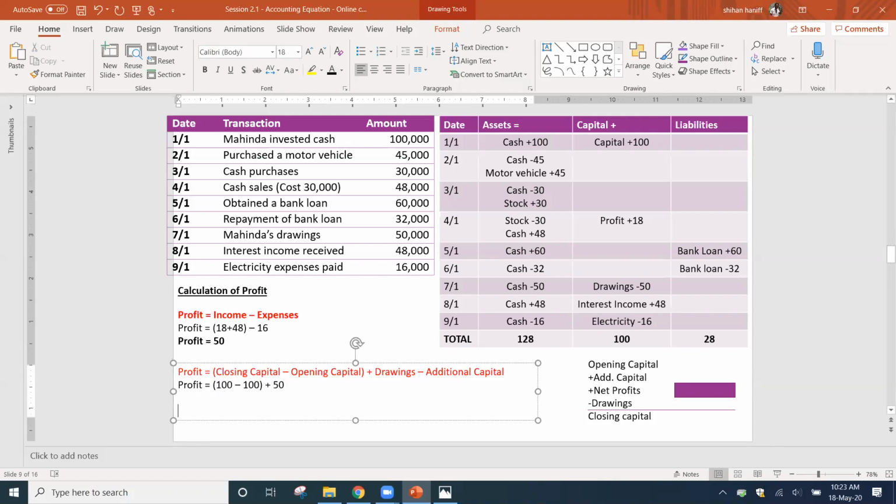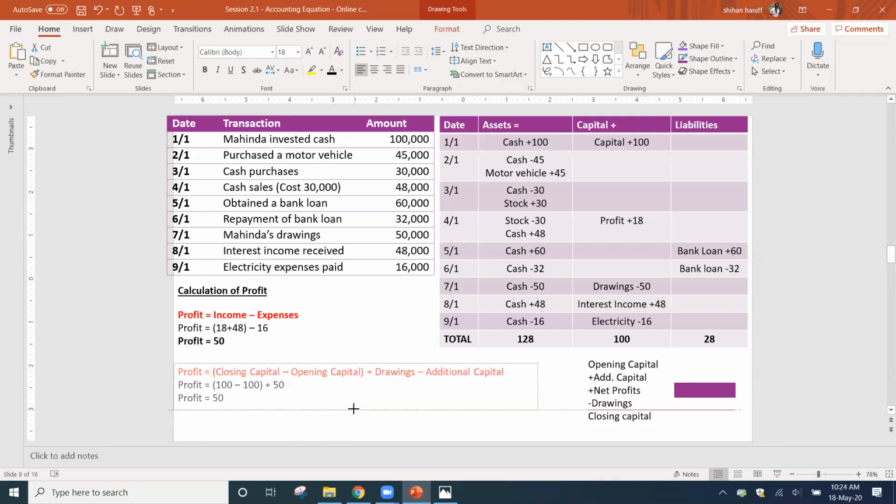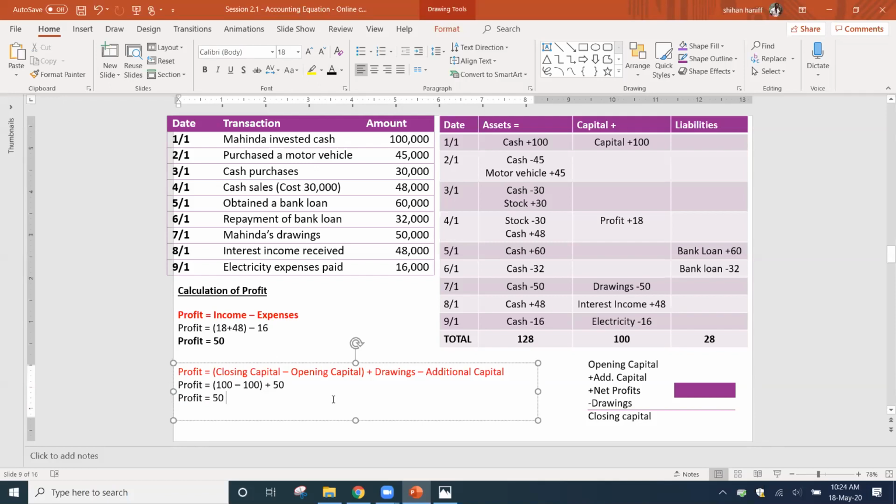There is no additional capital. So profit equals 50. Simple way.